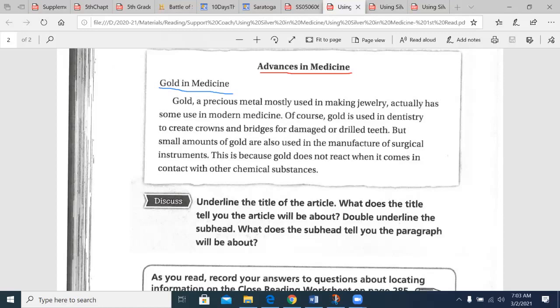So once I read it, it does support how gold is used in medicine and how that improves medicine. So I'm able to use the subheading and the title to get an idea of what this is going to be about. And as it turned out, I was right. So were you.